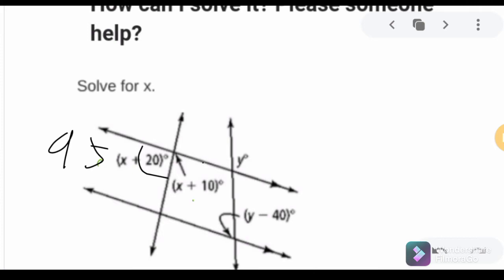And if we look at this side here, x plus 10 means 75 plus 10, which is 85. Now put it in your calculator and check it out. We have 95 plus 85 gives us 180 degrees. So we have solved for x successfully. x equals 75 degrees.